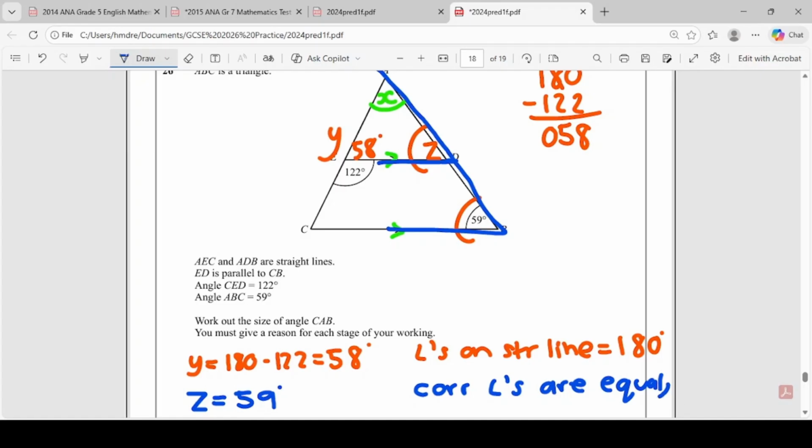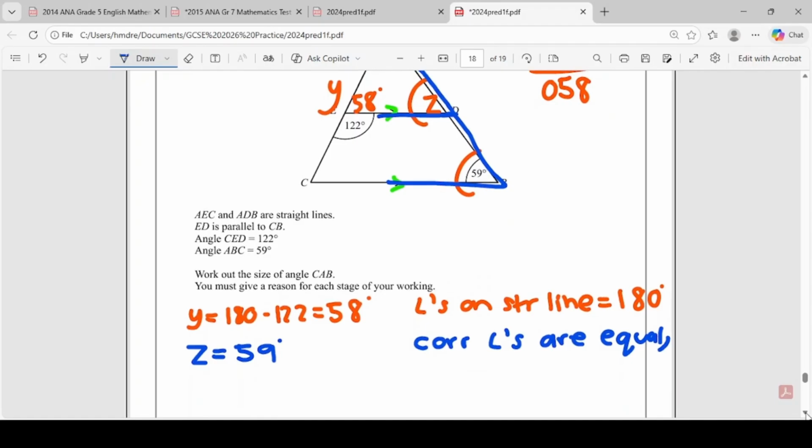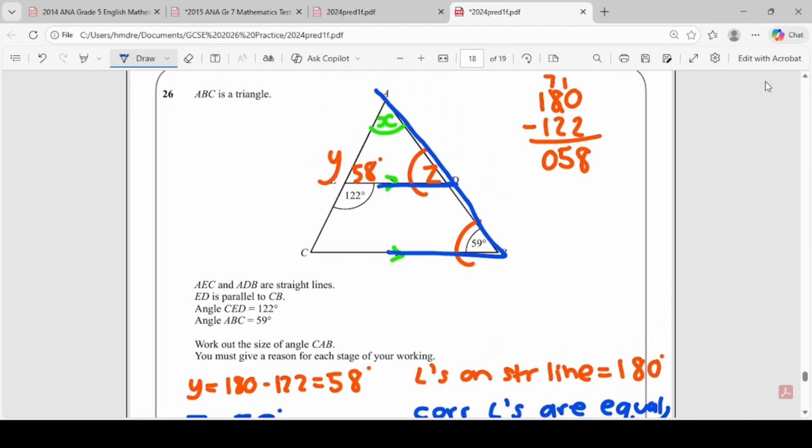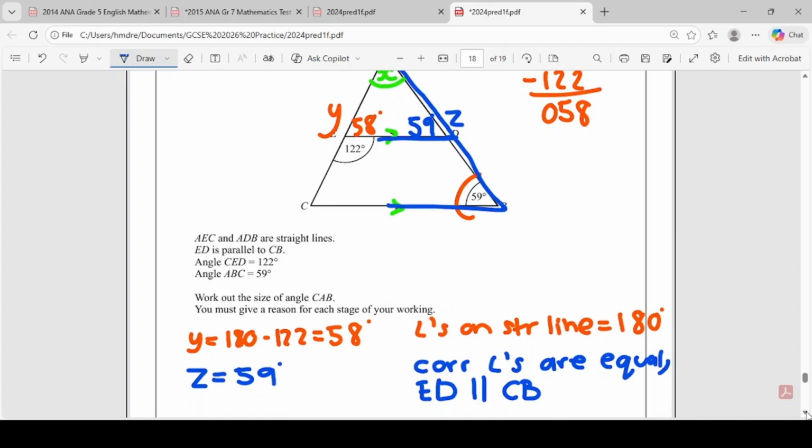And when you use corresponding angles, we have to say why we can use it, and that is because of the parallel lines. So we can say ED is parallel to CB. That's why we can say that. Okay, and then if we look at this triangle at the top there now, if we fill in Z, we said that's 59. We can actually work out what X is because we've got this triangle AED there.